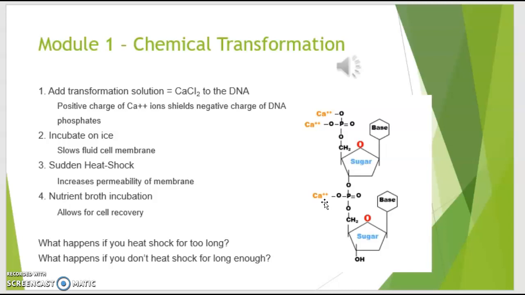We would then incubate this fluid with the bacteria on ice, and it slows down the fluid and the DNA. Everything is going to slow down in its movement because of the cold. And then we would do a sudden heat shock.